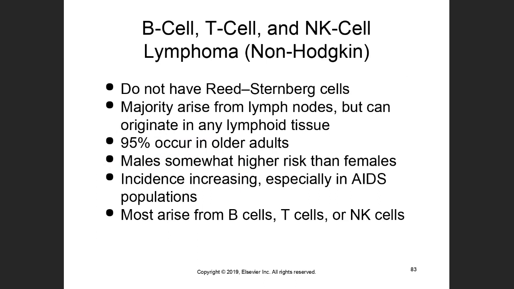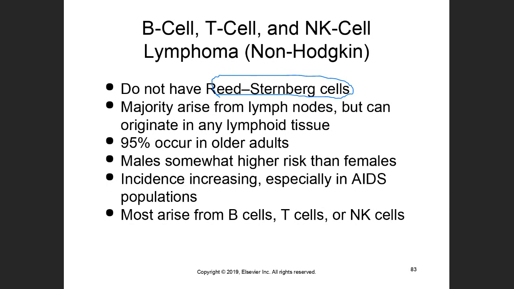Now we have B cell, T cell, and natural killer. We have non-Hodgkin. We already covered Hodgkin. Now we have non-Hodgkin. Non-Hodgkin, of course, doesn't have Reed-Sternberg cells. The majority arise from lymph nodes, but can originate in any lymph tissue. 95% are in older adults, but we also have non-Hodgkin in children, especially Burkitt lymphoma.